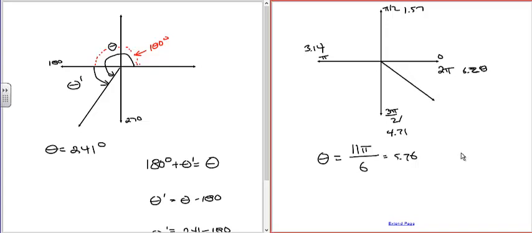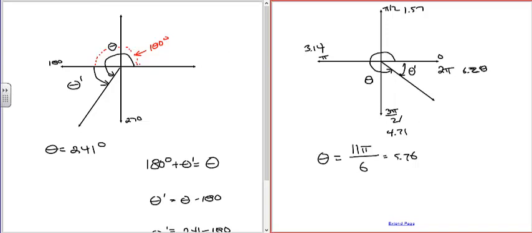That's the key thing here. You just need to know what quadrant it's in. So again, this is the angle, theta. The angle between that terminal side and the closest x-axis is theta prime.